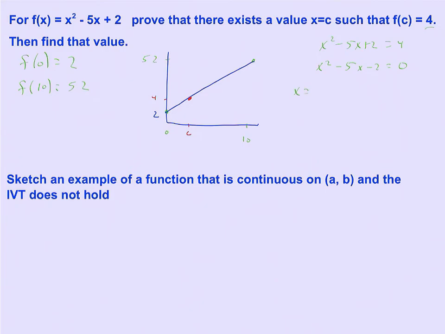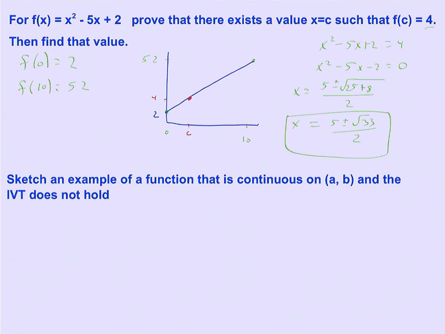So x is equal to 5 plus or minus the square root of 25 minus 4ac, so that's plus 8, over 2a. So 5 plus root 33 over 2, and 5 minus root 33 over 2. Those are the two values.